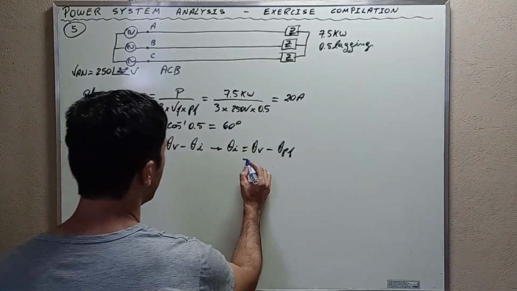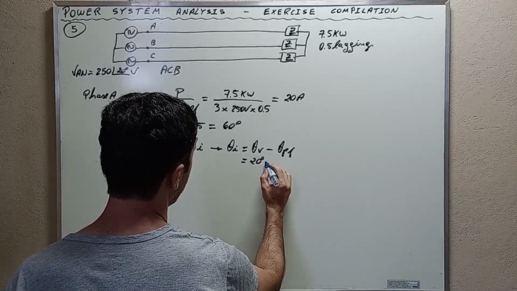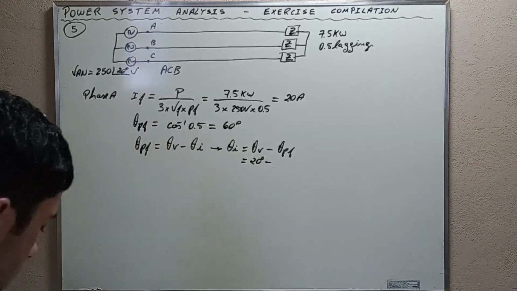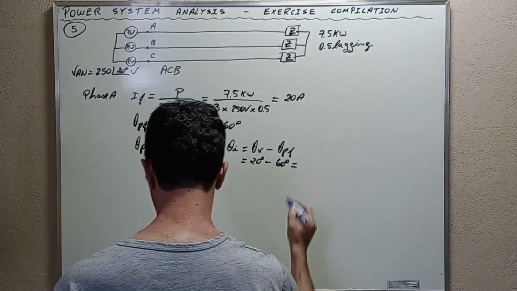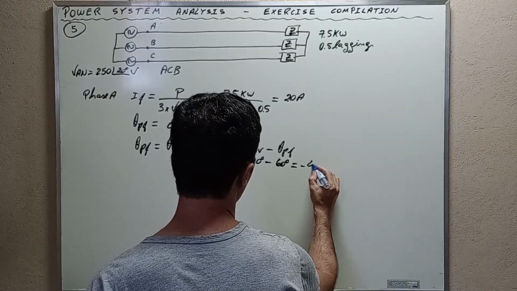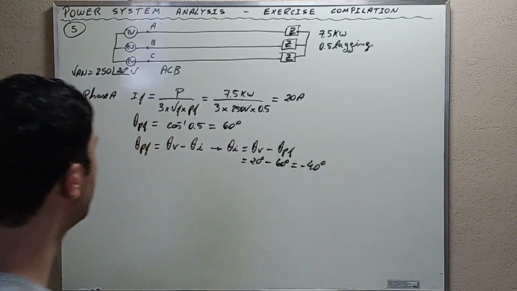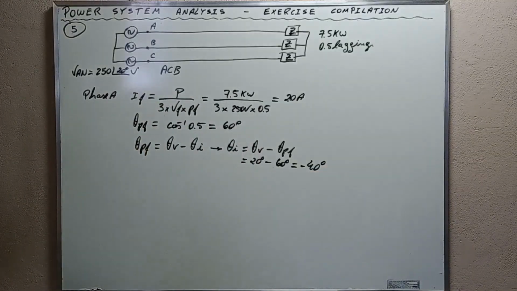And this is equal to 20 degrees minus 60 degrees, which is equal to negative 40 degrees, okay? This is for phase A.